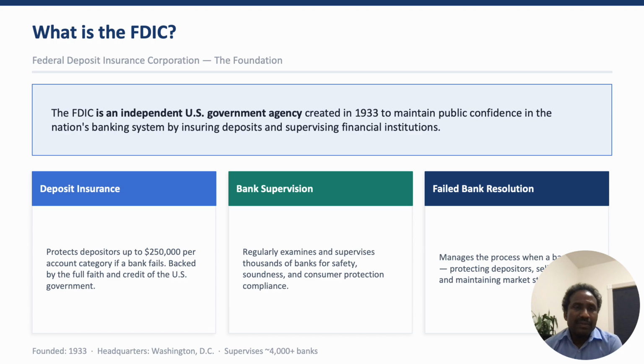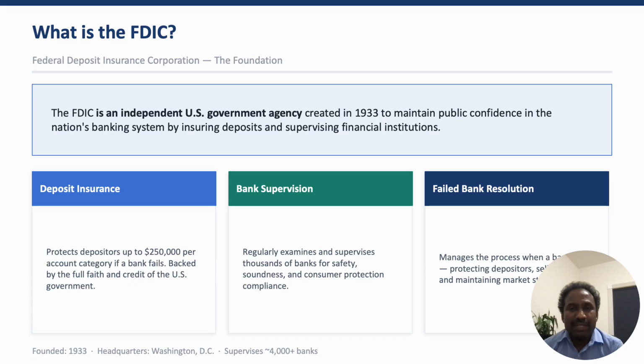Suppose suddenly a bank shuts down or closes the business. Then who has to pay the money to the customer who has an account in that bank? The FDIC will handle that kind of scenario.